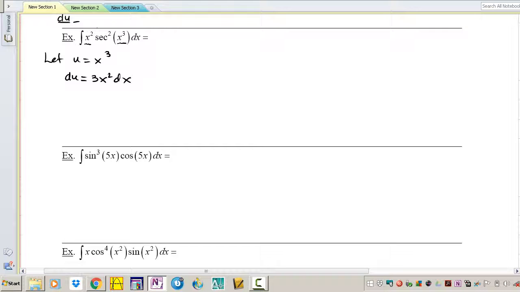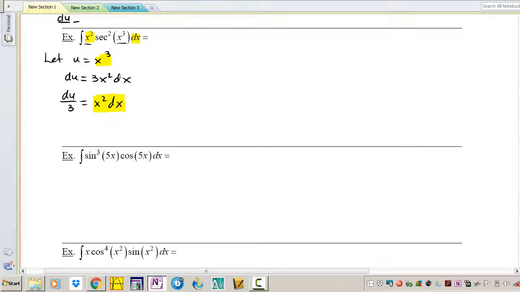And then you don't have a 3 in your problem here, so I'm going to divide both sides by 3. So du over 3 is equal to x squared dx. I did skip a step, but I'll let you guys figure that out. So here's my dx, x squared, and here's my u.